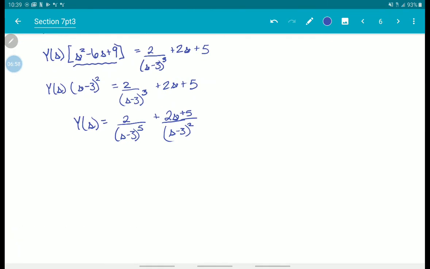So this is going to require partial fractions. We're going to want to simplify and see what happens. We won't know if it really simplifies until we try it. So this is a repeated linear in the denominator.